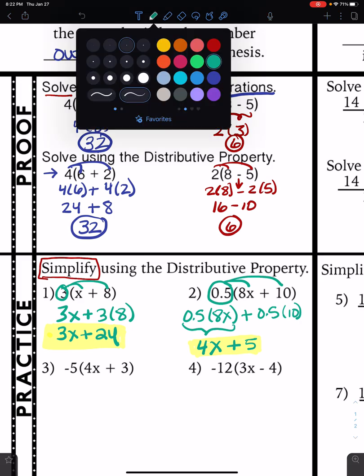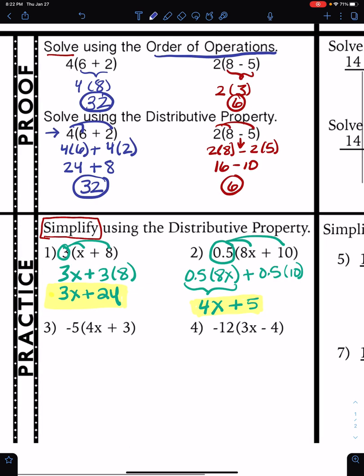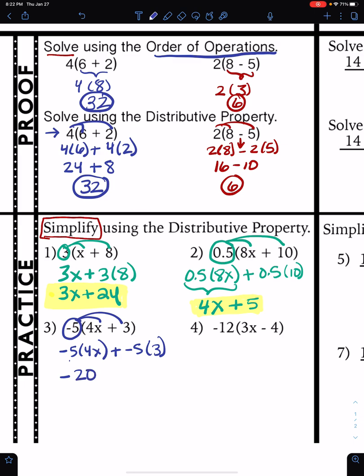Moving on, I have a negative 5 times 4x and a negative 5 times 3. So I can multiply the negative 5 and the 4 to get negative 20. Don't forget your x.